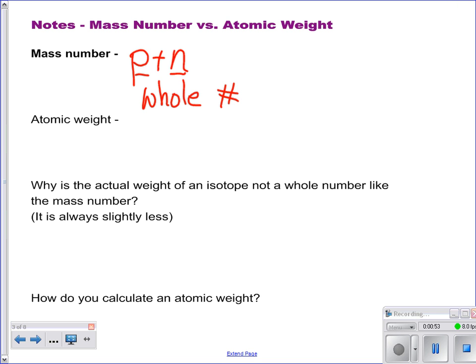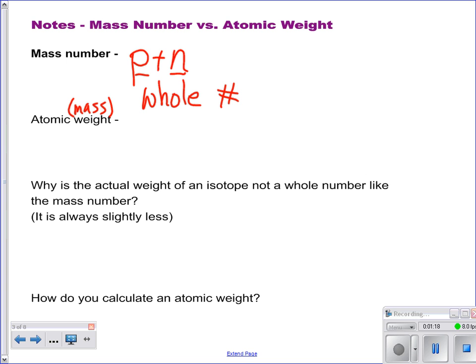And we also noticed that this number is not on the periodic table. The reason being that what we see on the periodic table is actually a weighted average of all of the mass numbers of all of the isotopes of that element. So let's give a definition for atomic weight or atomic mass. Same thing.